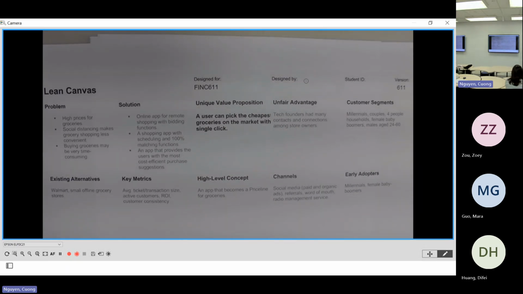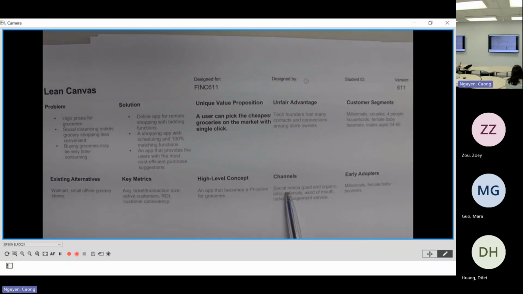And then they want to expand to different segments of customers here: millennials, couples, households, female baby boomers, males aged from 20 to 60, and so on. And among these, early adopters can be millennials and female baby boomers, for example.